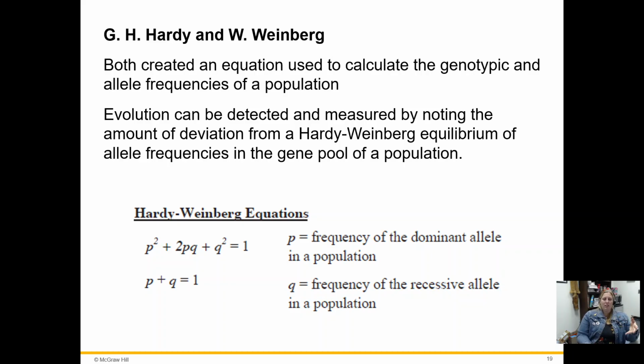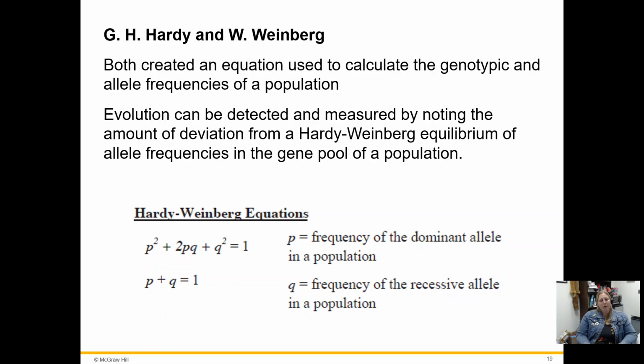So if I had 80 red flowers out of my 100 flowers, my dominant allele frequency would be 0.8, because 80 divided by 100 is 0.8. Knowing that, I can do some basic math: 100 minus 80 is 20, so I know that I have 20 white flowers. I could have counted the white flowers or the red flowers, it doesn't matter. In that case, I can determine the recessive allele frequency.